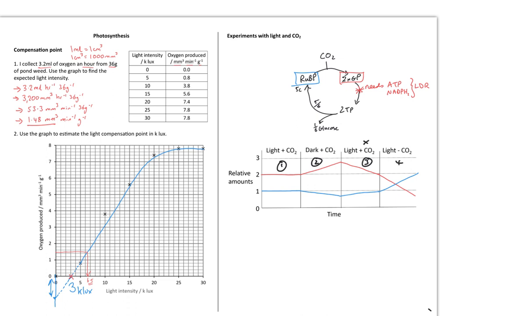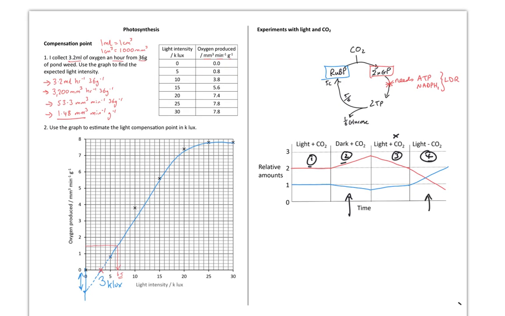Sections 1, 2, and 4 are the important bits, but it all relates back to understanding the Calvin cycle, the light independent reaction, and thinking it through. So why is it horizontal at the start? Why is there twice as much GP? Why does GP increase and RUBP decrease in that one? And why is it the opposite in this one? And I shall stop there. Wonderful. Short one.